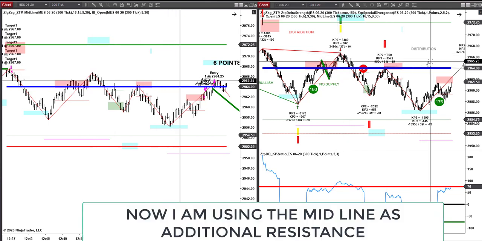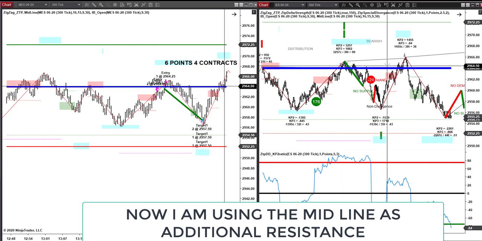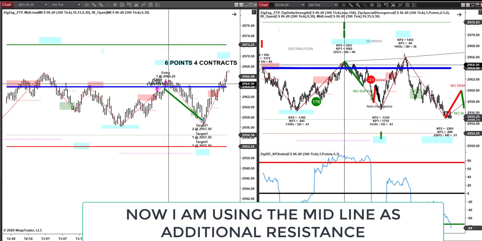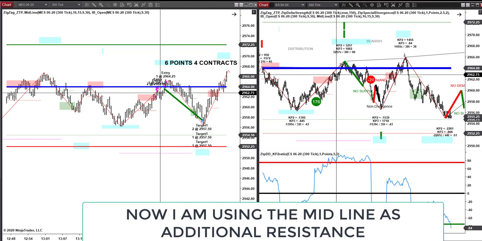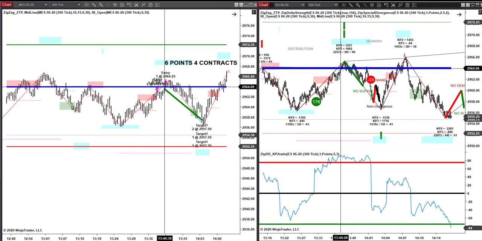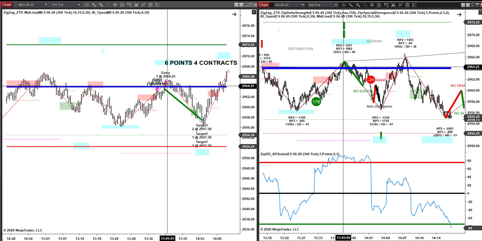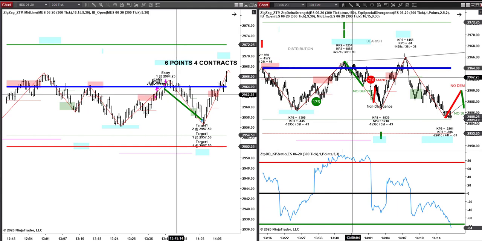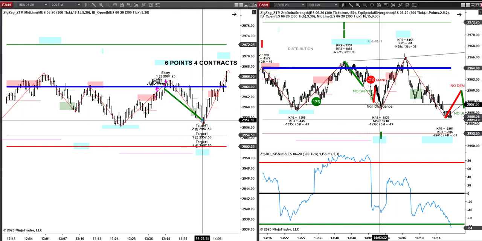Went ahead and entered one more trade short right here. And as you can see, the cluster of contracts, there was 2 from here, another couple, 3 contracts from here. And I traded that down and took profit right at the low.